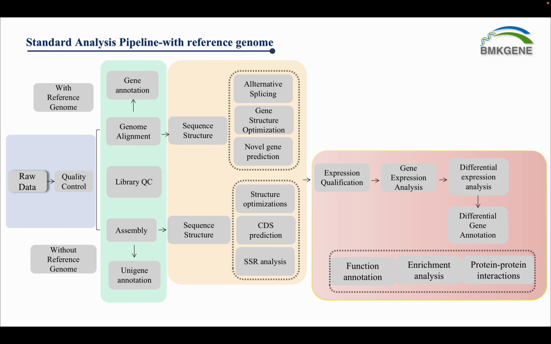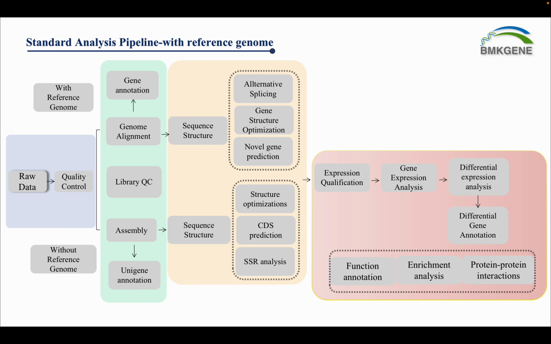The first part is moving from raw data to clean data that could be used for analysis, determining the quality and accuracy of sequence data. And the second part is when we don't have the reference genome, we usually assemble the data first.